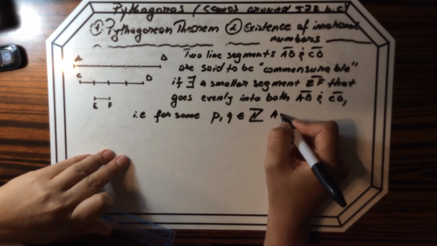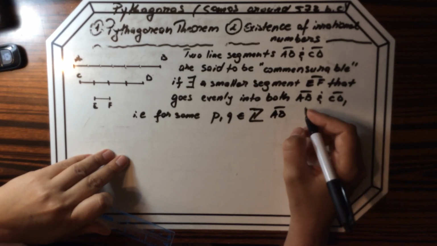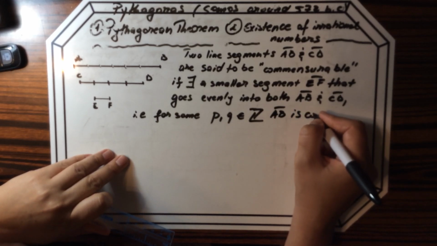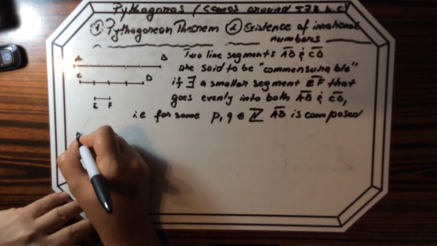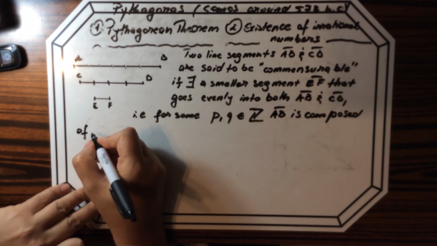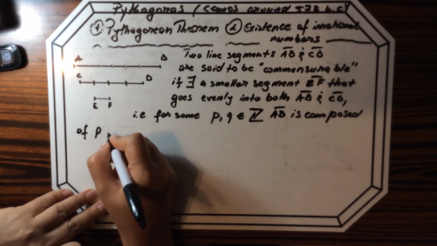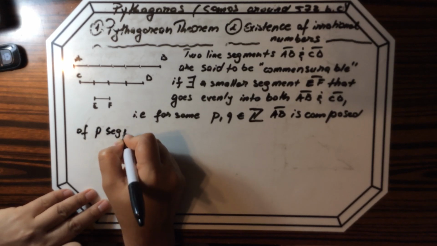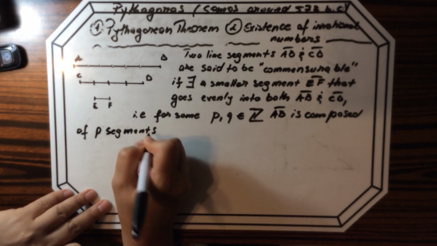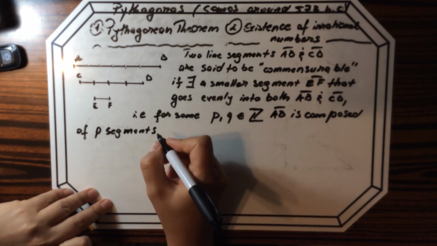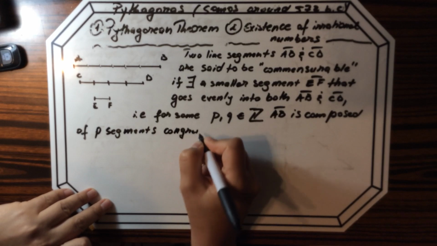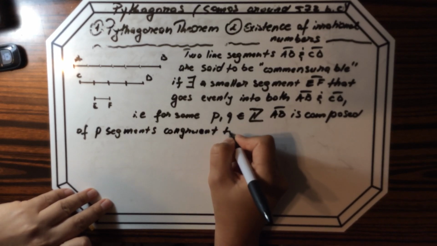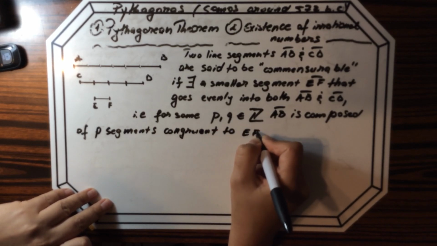AB is composed of P segments congruent to EF, or equal to EF.